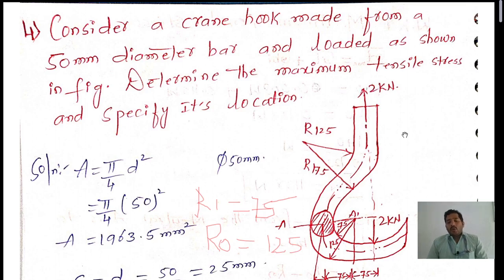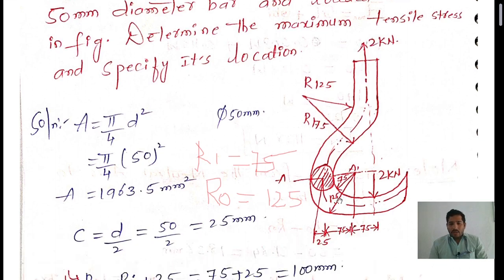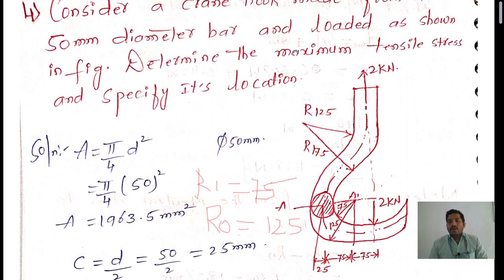Consider a crane hook made from a 50 mm diameter bar, loaded as shown in the figure. Determine the maximum tensile stress and specify its location.